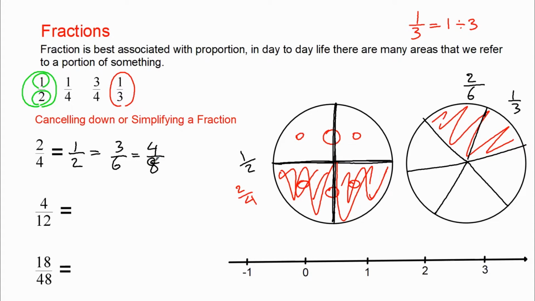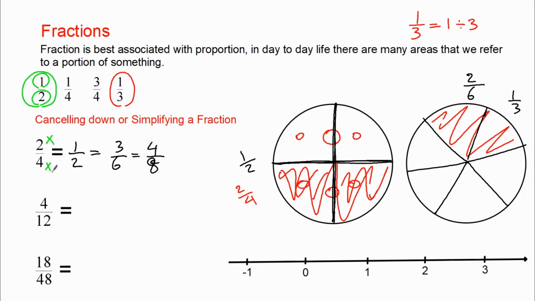And a simple rule here is that we can always multiply or divide both the denominator and numerator of a fraction by a specific number, and that fraction would still be the same.